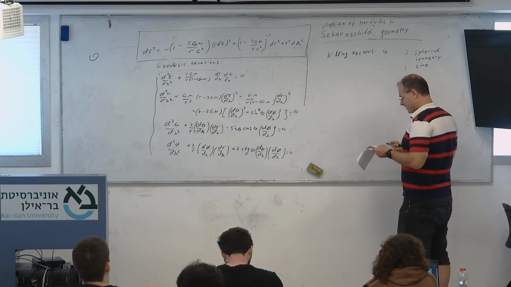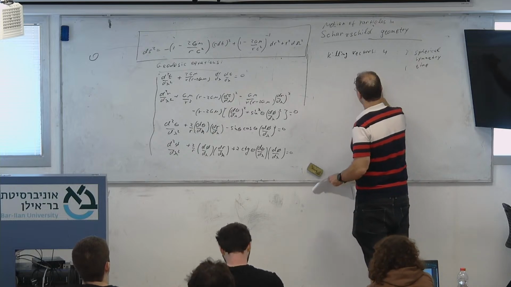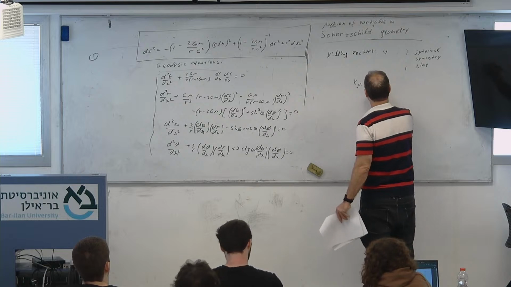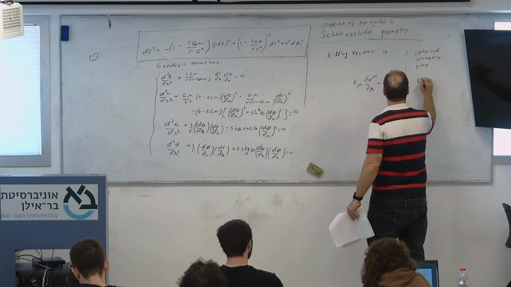And if k is a Killing vector, then we have that k_mu dx^mu over d lambda is constant.